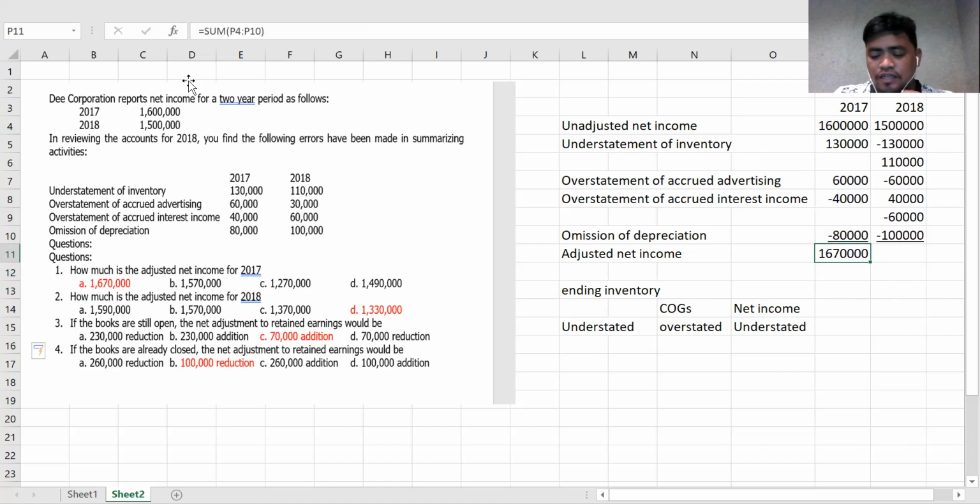And for 2018, your adjusted net income would be 1,330,000.